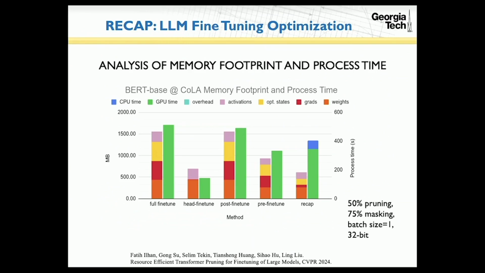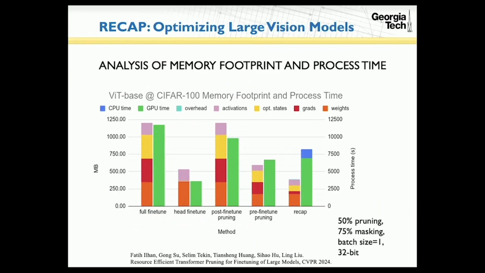And the tunable parameters for our approach are basically the pruning threshold and the masking threshold, because we use random masking to learn what chunk is important. So we calculate the chunks using random masking and calculate the importance of those groups of chunks. This is the vision model result.